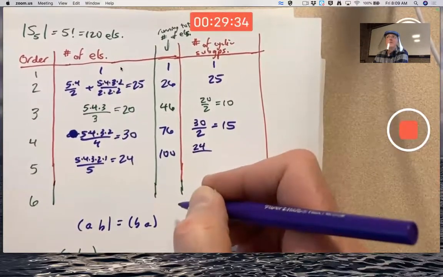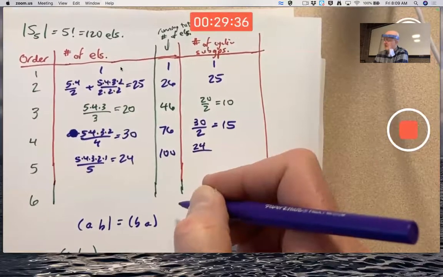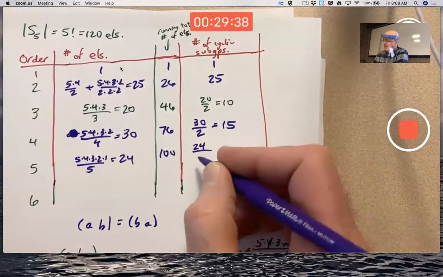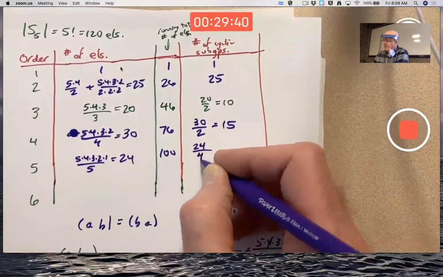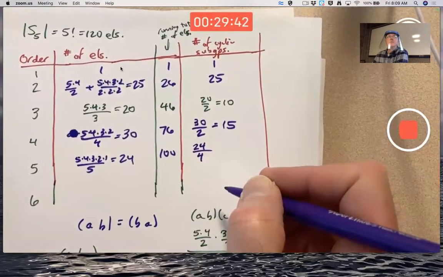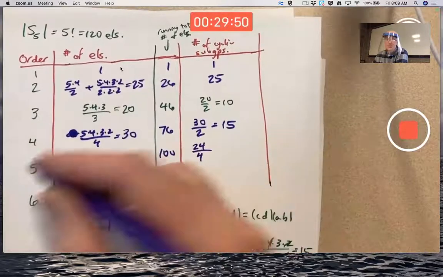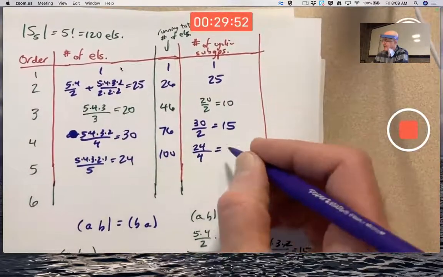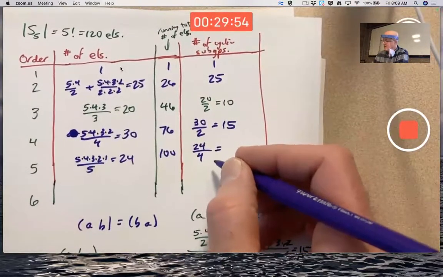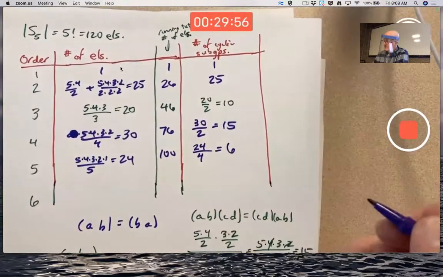Divide by 4 actually. A cyclic group of order 5 has 4 generators. Think about Z5, the generators are 1, 2, 3, and 4. All the non-identity elements, because 5 is prime. Phi of 5 is 4. This is 6.